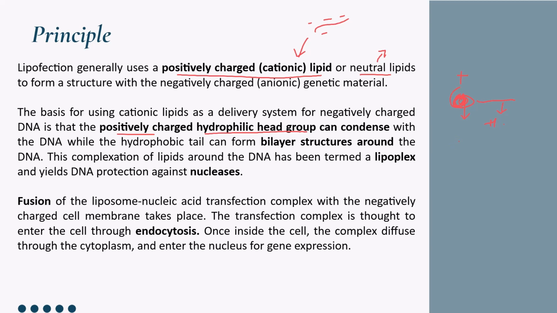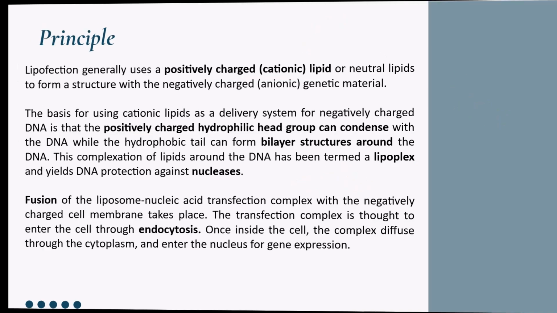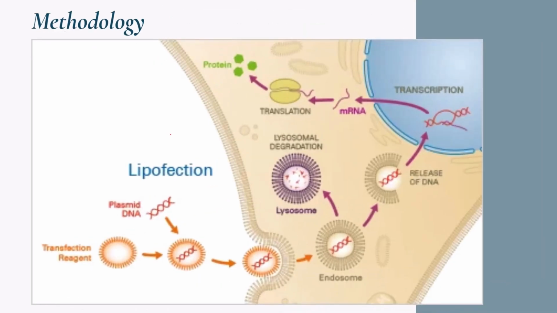This complex, that is DNA plus lipid, is called the lipoplex, and this lipoplex will protect the genetic material against the nucleases that can be present inside the cytosol of the cell, right? So it can protect.